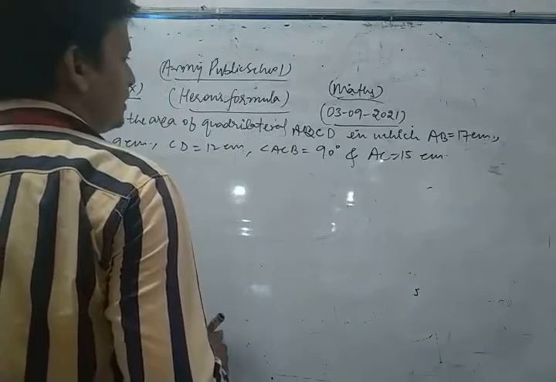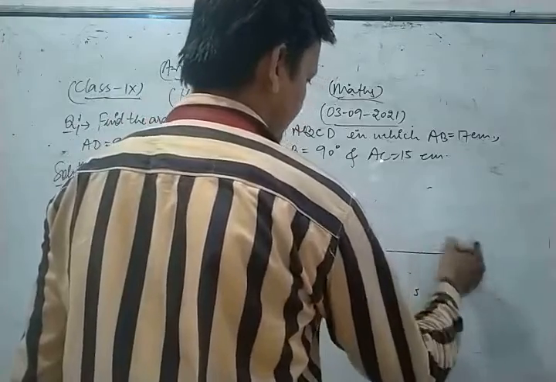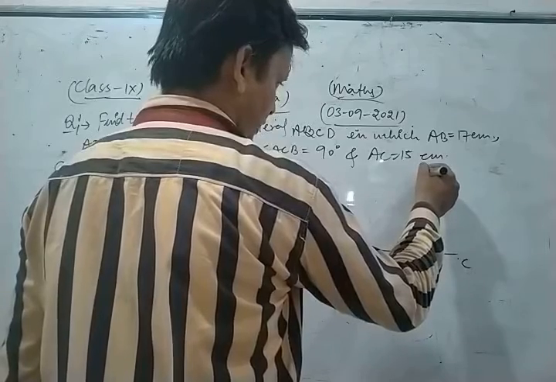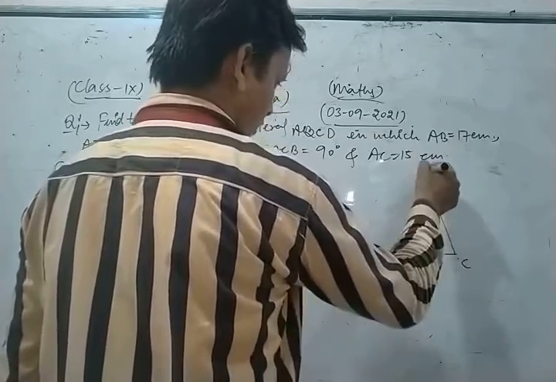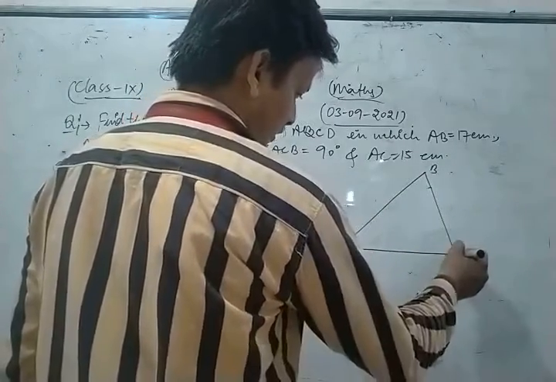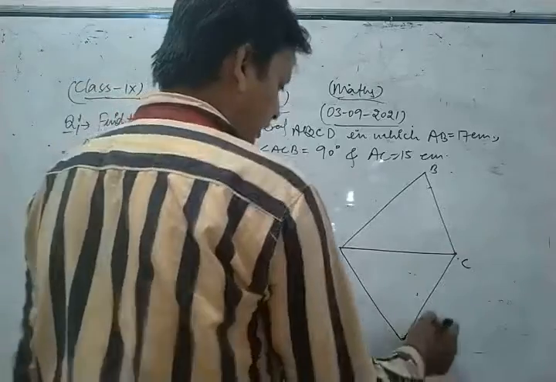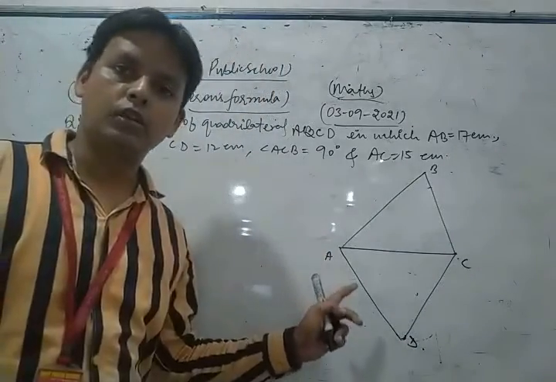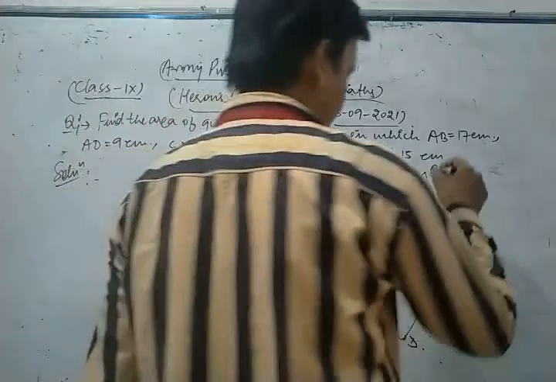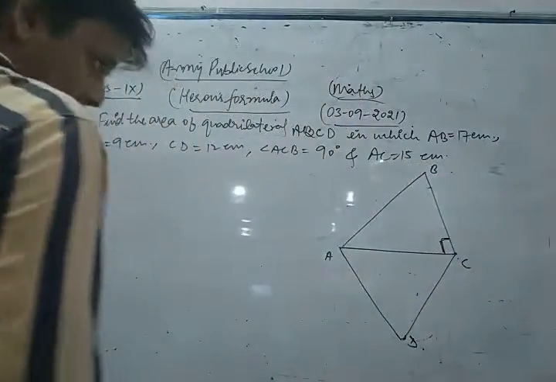So look, this is A, this is C, this is B, and this is D. This is the quadrilateral ABCD, in which angle C is 90 degree.